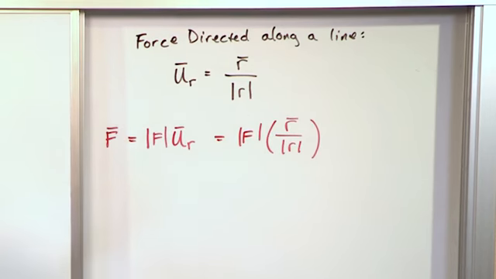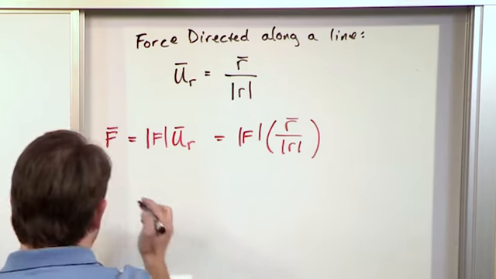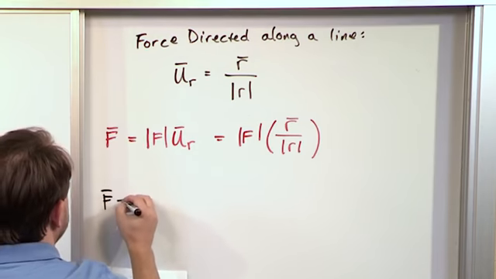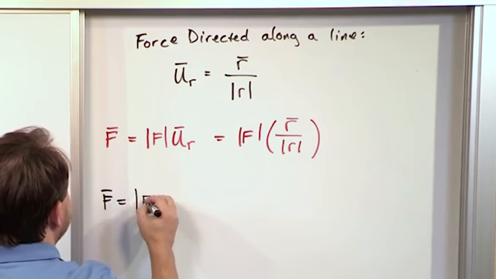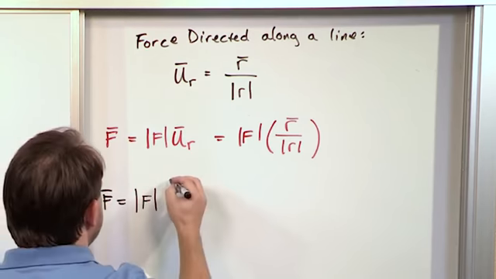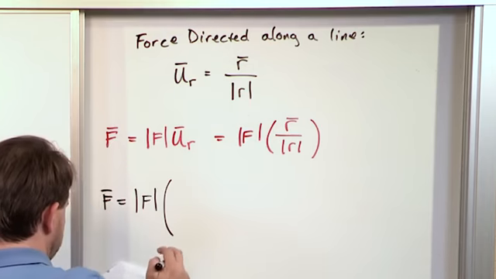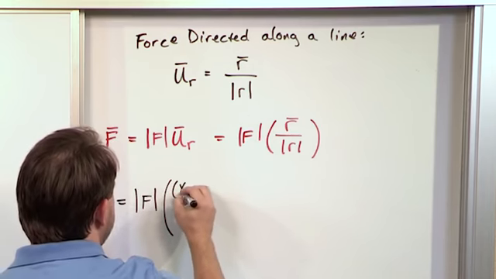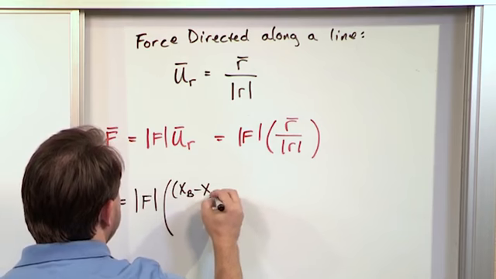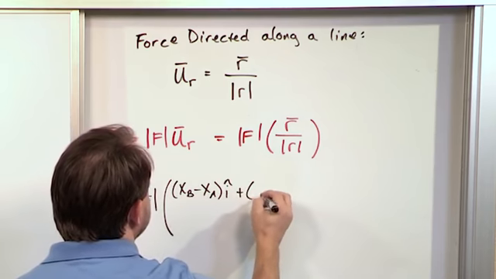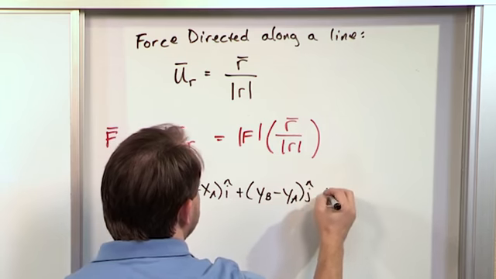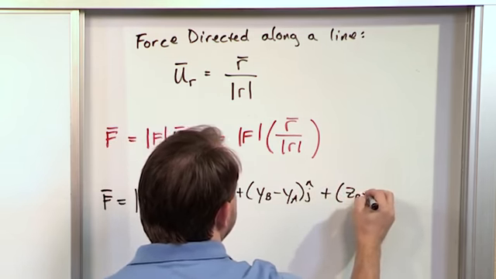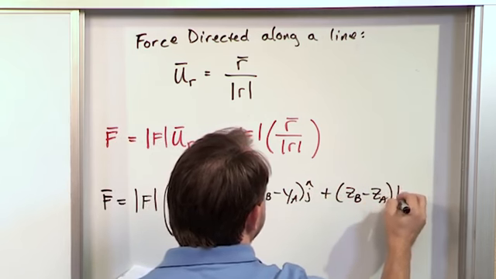And if I wanted to spell it out in more of its glory, this is also equal to the following, and this will look a little bit ugly, but I promise you it will make sense. The magnitude of the force that I'm pulling with times, and this is going to look a little bit big, but bear with me, xb minus xa in the i direction, plus yb minus ya in the j direction, plus zb minus za in the k direction.